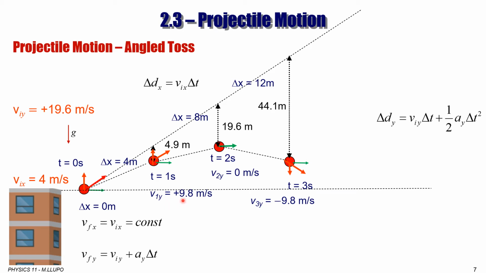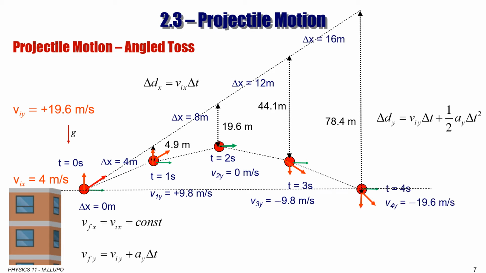Velocities are going to be up 9.8 meter per second, and velocity here is going to be down 9.8 meter per second, while the horizontal component is not going to be changed. So after another second, from that non-gravity line, the ball is going to be displaced exactly 78.4, and remember that number, it's very common now, it's very well known, and the velocity is going to be affected by minus 19.6 meter per second.